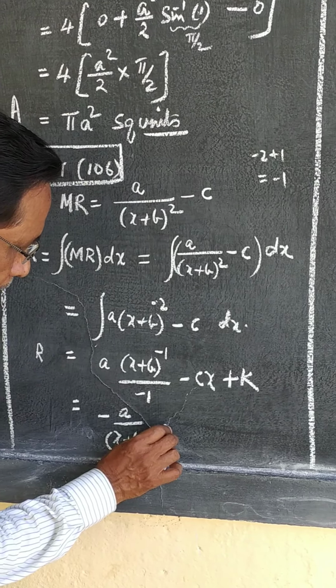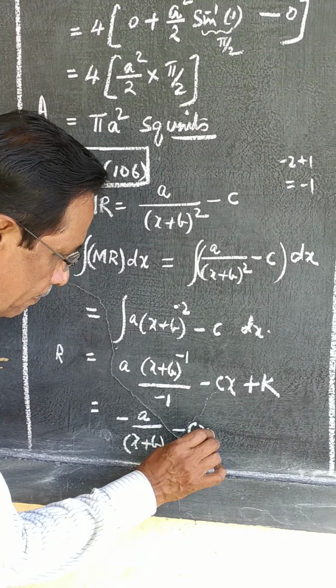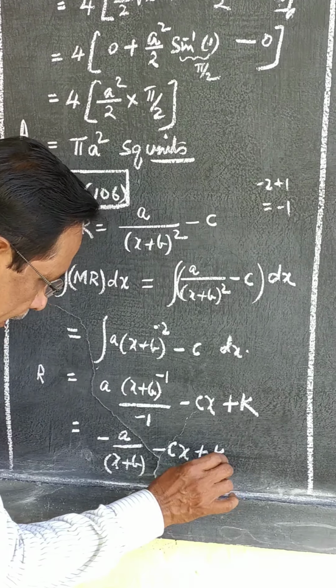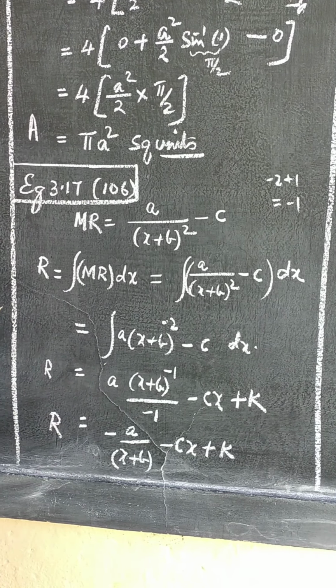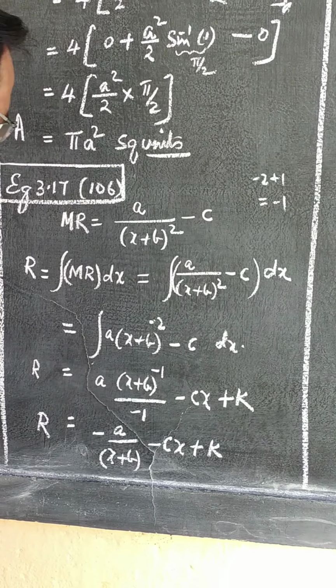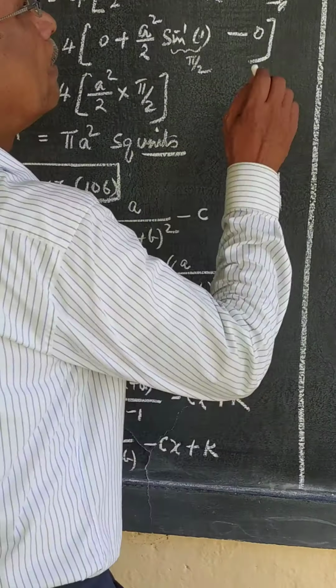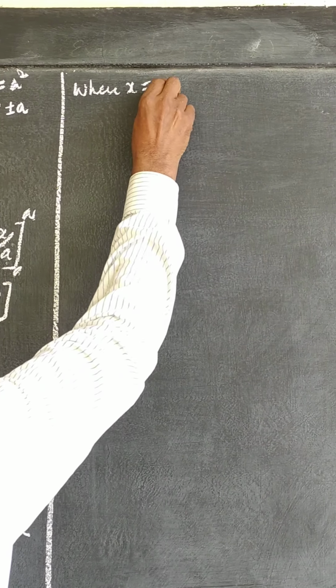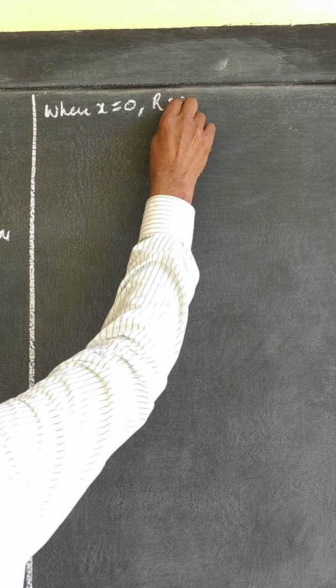minus Cx plus K, that is R. To find out K, we have to substitute x is equal to 0. When x is equal to 0, R is also equal to 0.